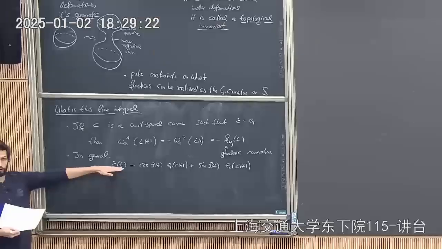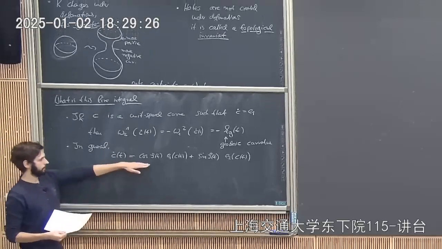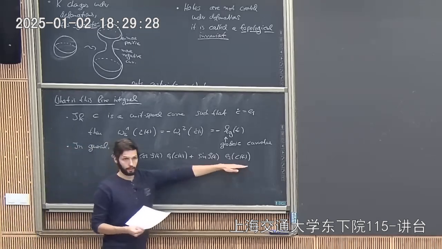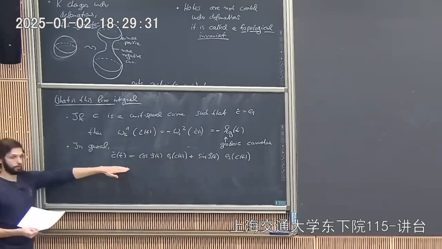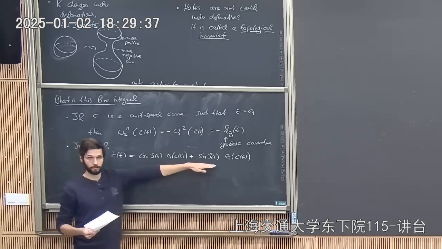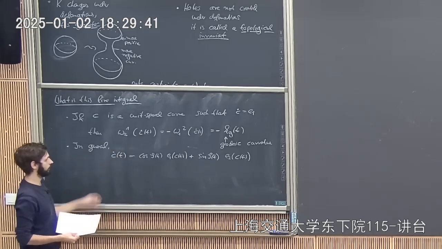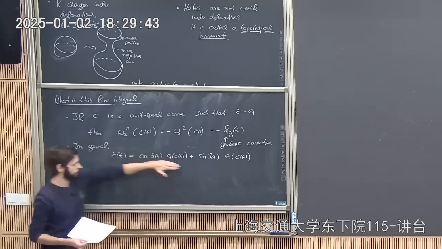Because it's a unit speed curve, that's always possible. And we had expressions like that at some point, namely in the proof of the theorem on parallel transport, where we calculated the covariant derivative of a vector field of that form.